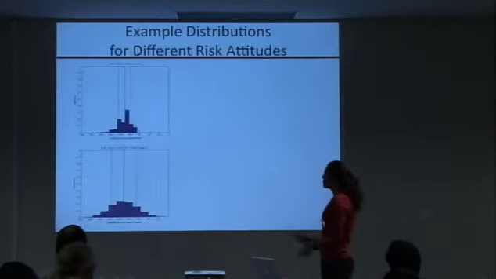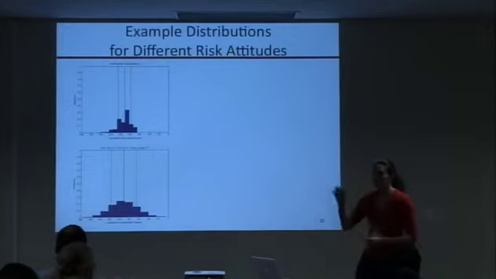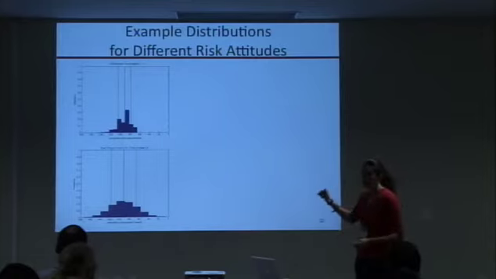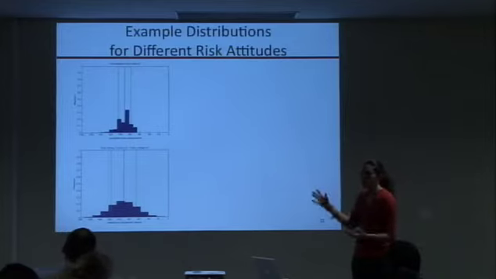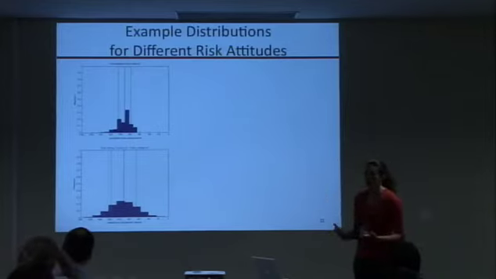Now that we have these distributions for different states, they also exist for different policies. These are showing two distributions, both for the same state, but the top one is for the risk neutral case where delta was 1, and the bottom one is for a delta value of 1.2. So it's a more risky policy.